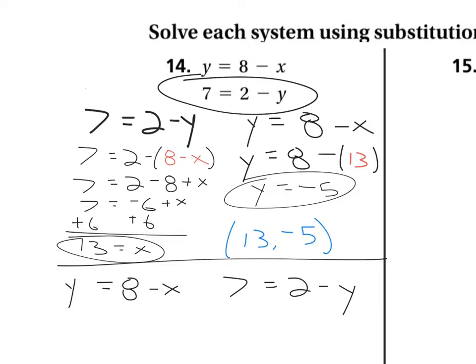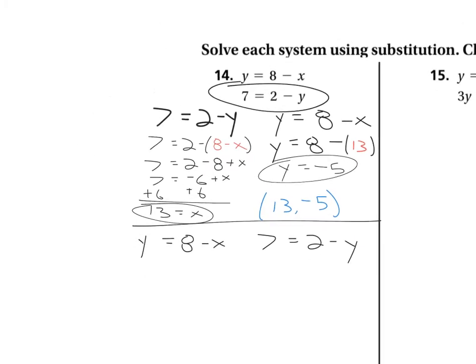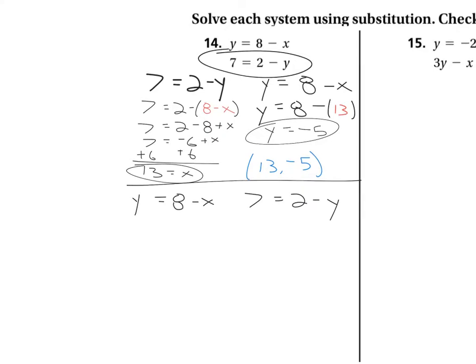Okay, now I substitute in for y, and I substitute in for x. Over here, I substitute in for y. So what does x equal? We found that x equals 13. What does y equal?